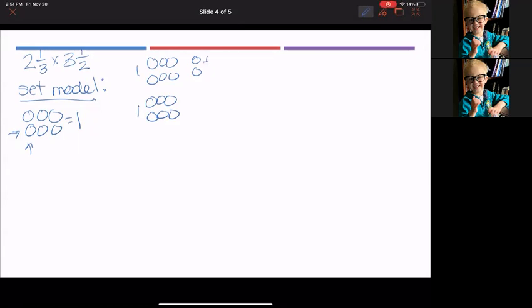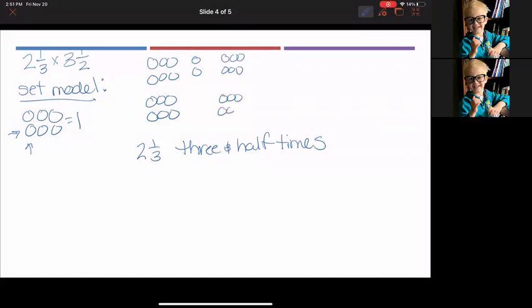Now if we think about this idea of times, we have 2 1/3 times 3 1/2. So we can do this 1 time, we can do this 2 times, we can do this 3 times. And now we also want it 1/2 of a time.